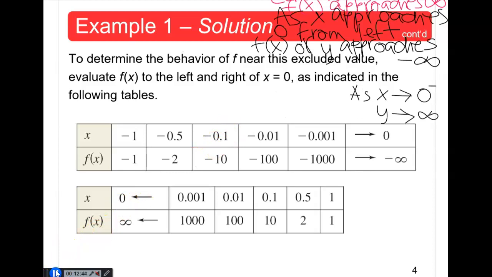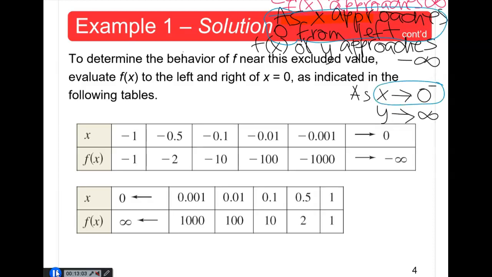Okay, so I decided to just introduce arrow notation right now. So we're gonna say, instead of writing as x approaches 0 from the left, it's gonna be here.